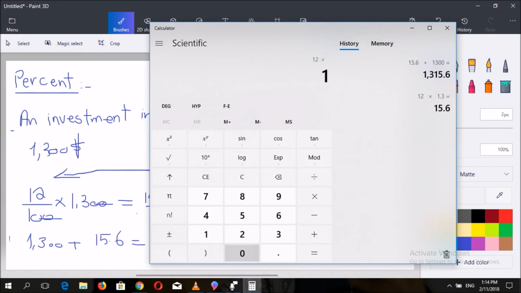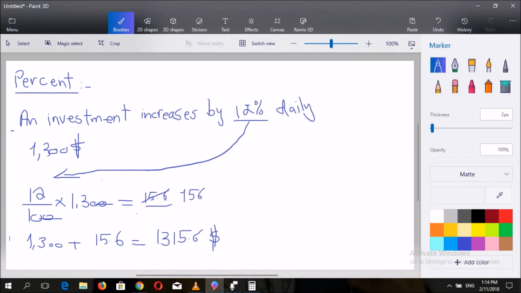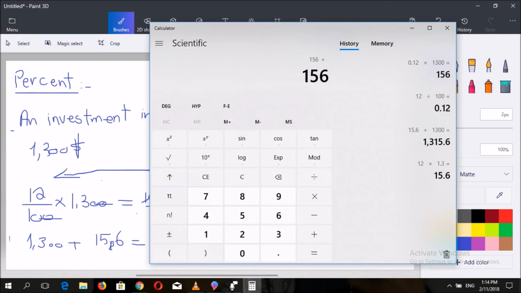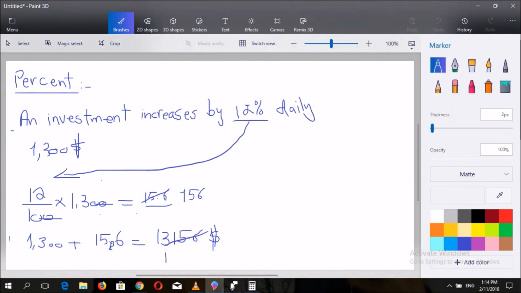This is how we calculate the percent increase. So 7 divided by 3 multiplied by 100, which is 700 divided by 3. This is the percent increase.